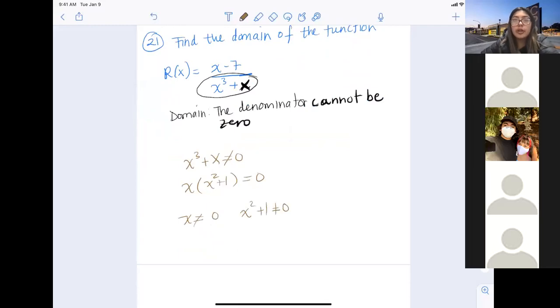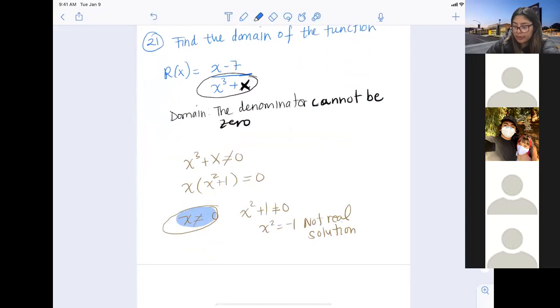So you factor your denominator. Here, x squared plus 1 cannot equal 0. Well, this is x squared equal -1. This is not a real solution. So the only location is at x equals 0. That is the danger. So the domain is everything but 0.